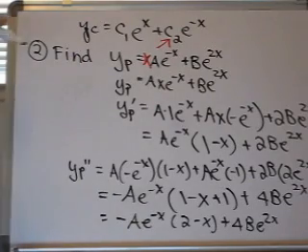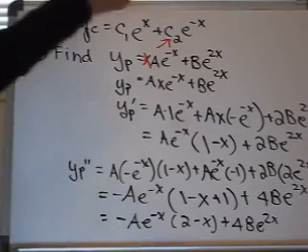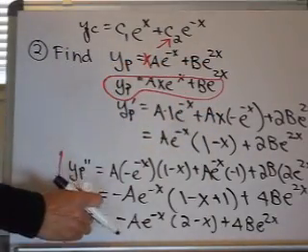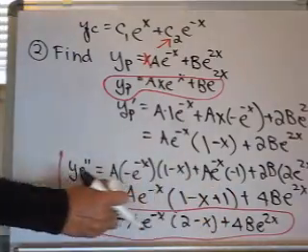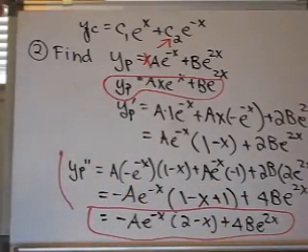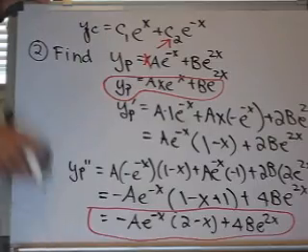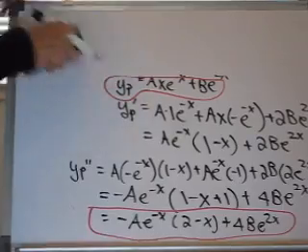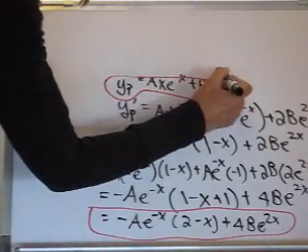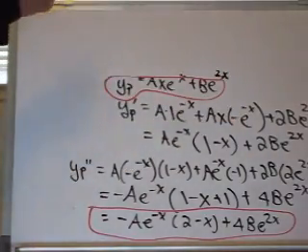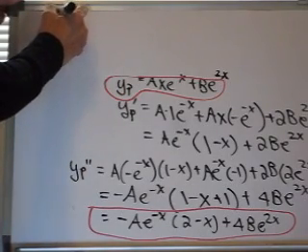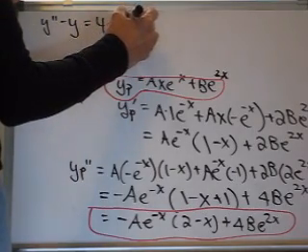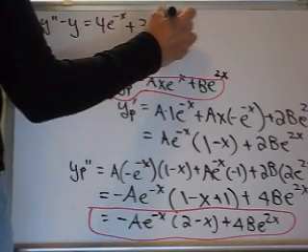Okay, so now I need to take the original differential equation and substitute in this y sub p for y, and yp double prime, this last line, for y double prime, into the non-homogeneous differential equation. So I will do that next. This was b e to the 2x. The original differential equation was y double prime minus y equals 4 e to the negative x plus 3 e to the 2x.